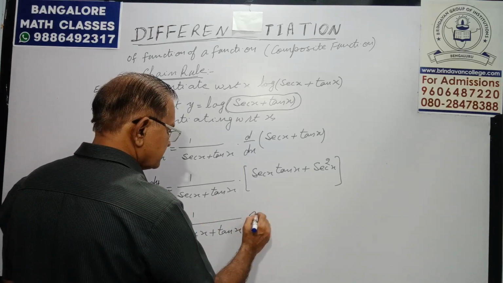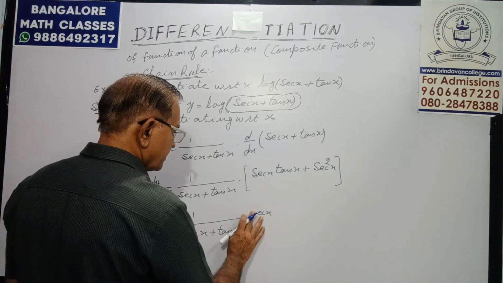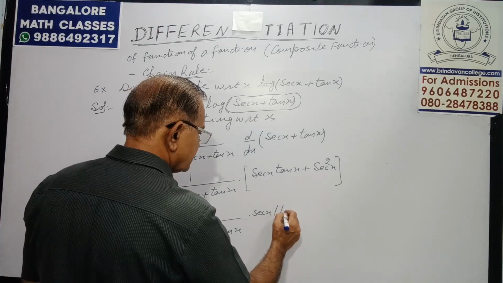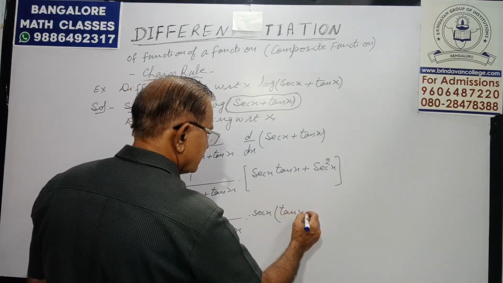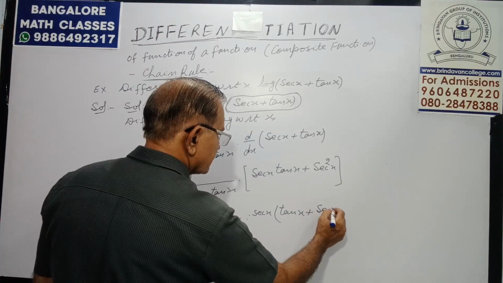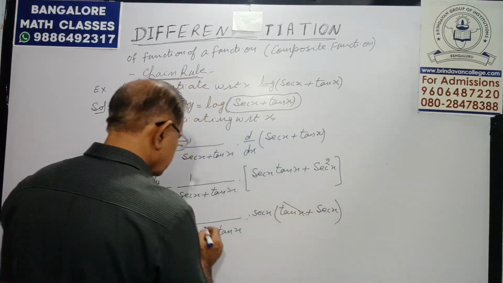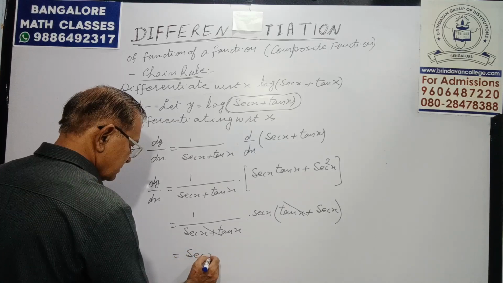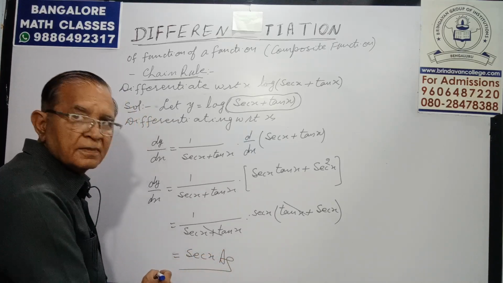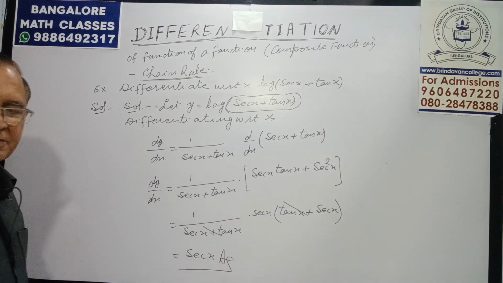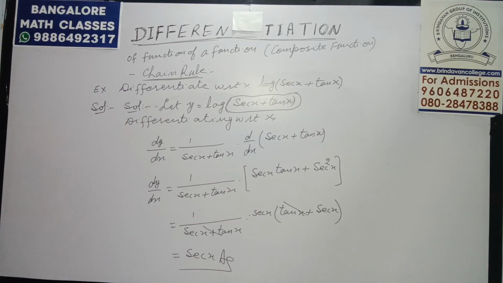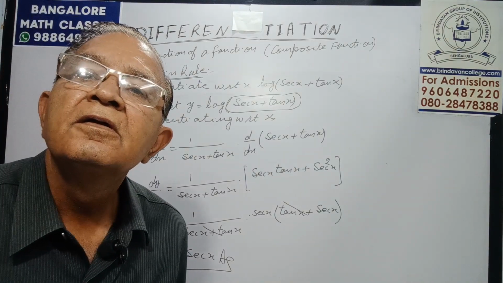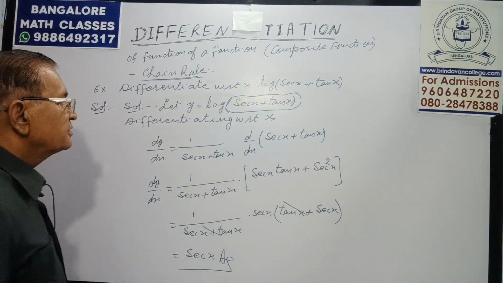Secant x we can take out, we are left with tan x plus secant x. So tan x plus secant x we can cancel. So we are only left with secant x. So that will be the answer. See how simple it is if you do it without substituting. If you go for substitution, it will come out to be tough.